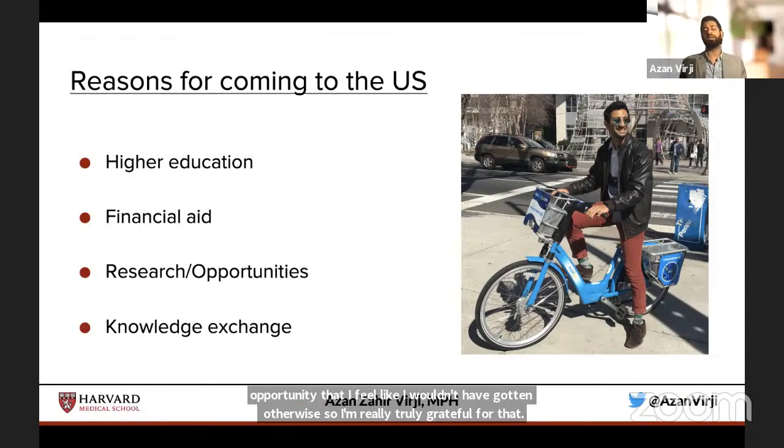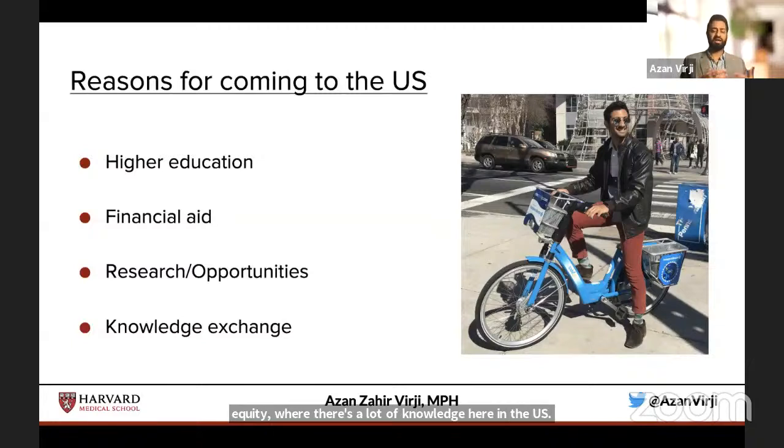And then the last point is this idea of knowledge exchange. For me, the motivation has always been, and it still is, to gain a lot of knowledge and experience here and then return to Tanzania and implement some of this. I think there currently exists this information inequity, where there's a lot of knowledge here in the US.